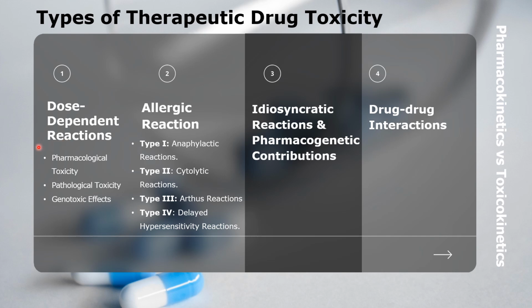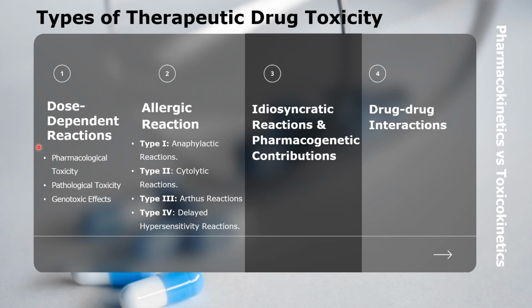For dose-dependent reactions, the toxic effects of drugs may be classified as pharmacological, pathological, or genotoxic. Typically, the incidence and seriousness of the toxicity is proportionately related to the concentration of the drug or the compound in the body and to the duration of the exposure.